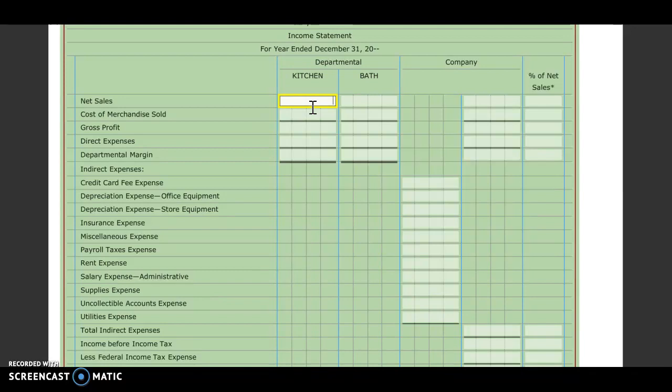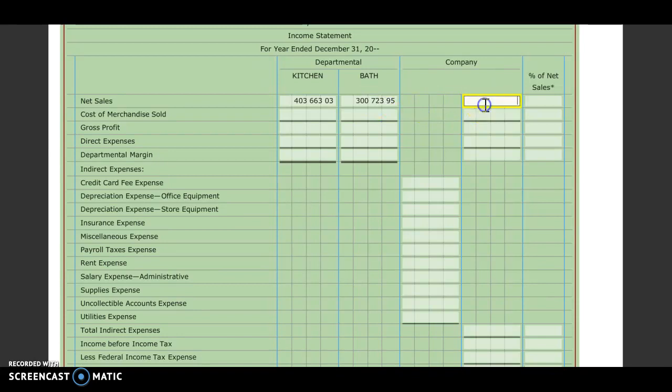For that, I need to go to my 4.2 Work Together, and I'm going to get my net sales from my departmental margin statements. I'm first going to look at the kitchen one, and my net sales is towards the top. That's going to be 403,663.03. Then I need to look at my bath net sales, and I have 300,723.95.